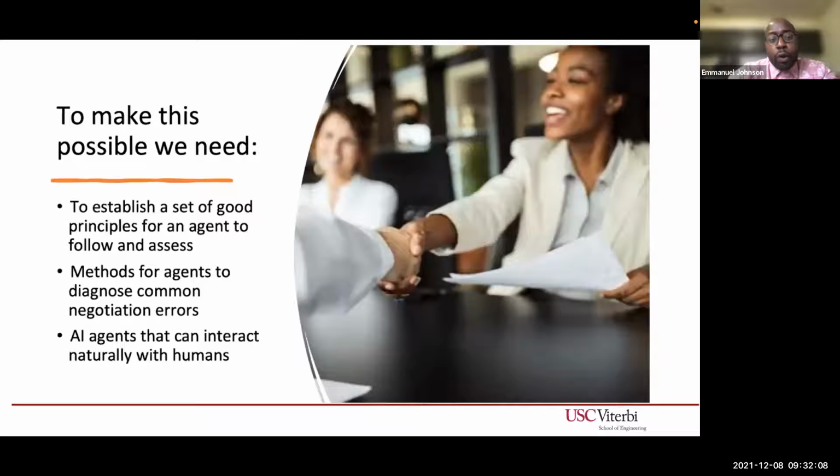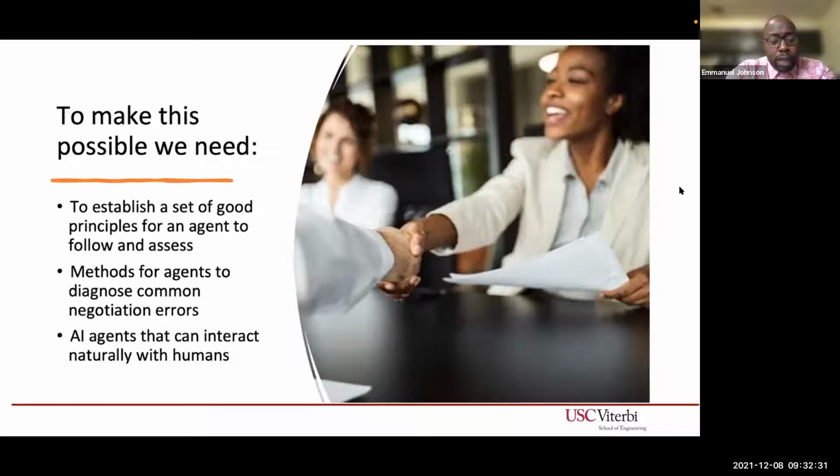So in order for us to make this future possible, where humans are better equipped to negotiate, or for us to have agents negotiate on our behalf, essentially there are three things we need to do. One, we need to define a set of principles that allow agents to reason about a negotiation and determine whether or not they are doing well.